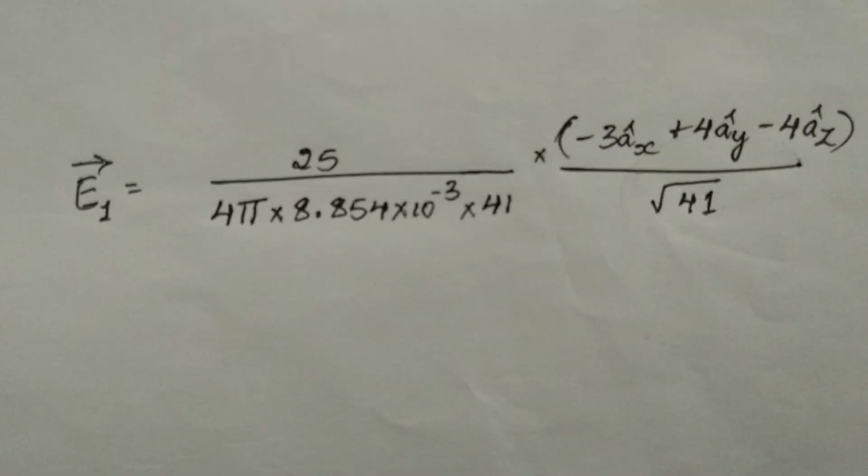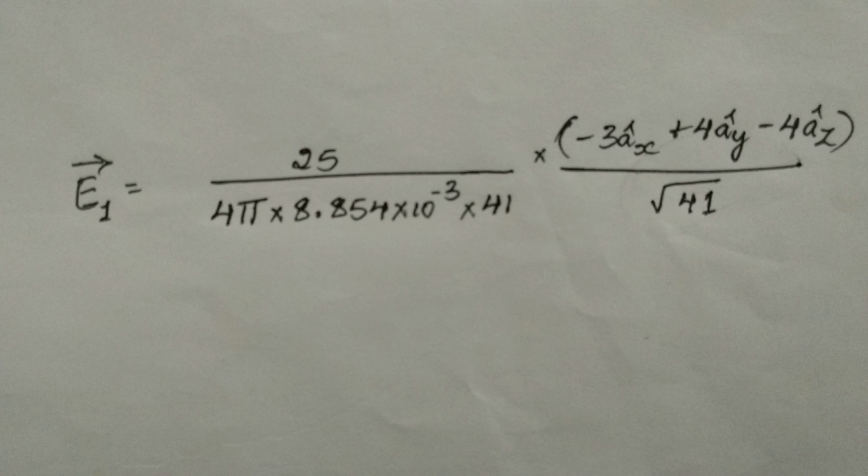25 divided by 4 pi into 8.854 into 41. See, 10 power minus 9, 10 power minus 9 gets cancelled. We are left with 10 power minus 3 here. If it goes to the numerator, then it will become positive.